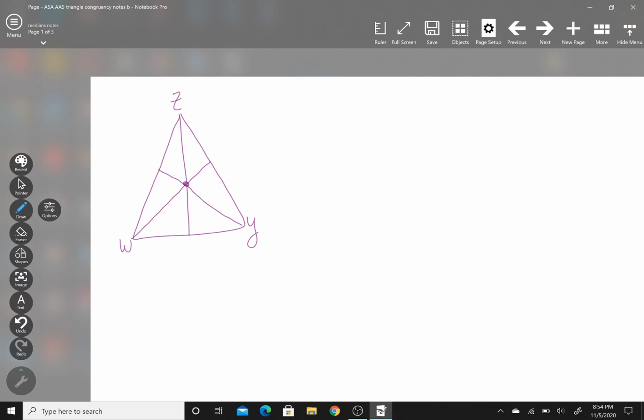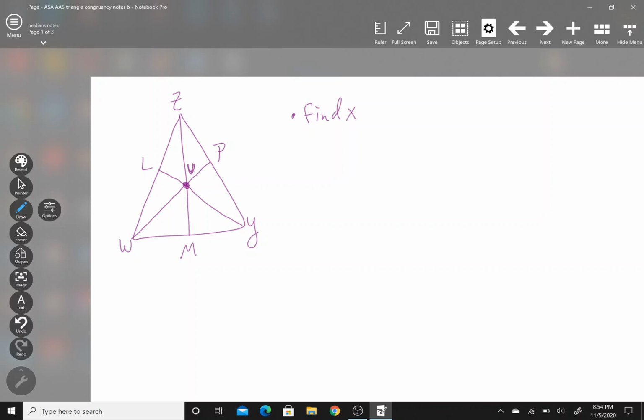Okay, there's our centroid. And here we have L, P, and M. Okay, and then we're going to do 2 examples here. The first one is just going to be find X. And our centroid is still U.